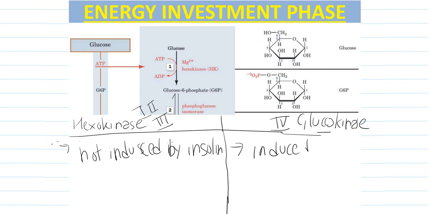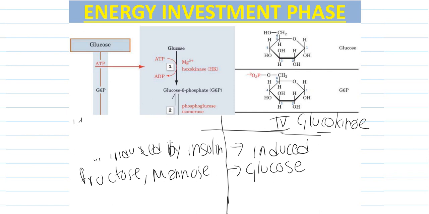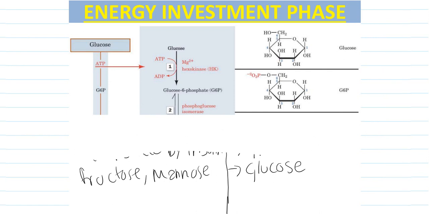Hexokinase catalyzes the phosphorylation of all the hexoses such as fructose and mannose, whereas glucokinase catalyzes the phosphorylation of only glucose. So these were some of the differences between hexokinase and glucokinase. This was all about step 1 of glycolysis.